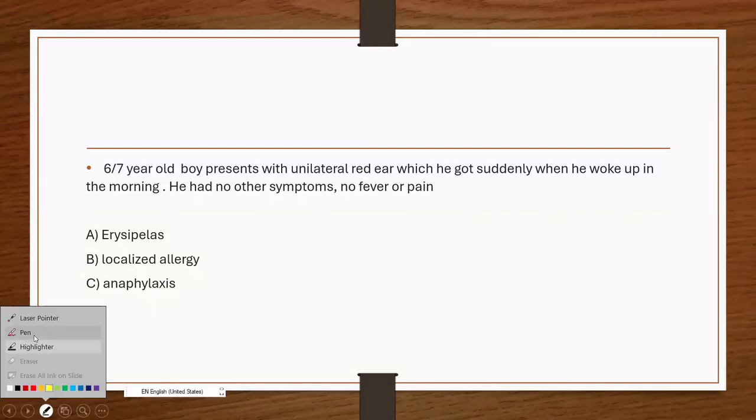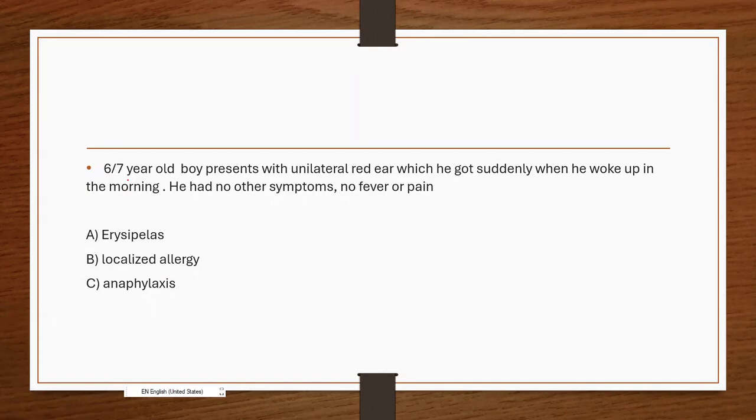So let's see. You have a 6 or 7-year-old boy coming with a unilateral red ear, which he got suddenly when he woke up in the morning. So this is a sudden thing. He had no other symptoms, no fever, no pain.